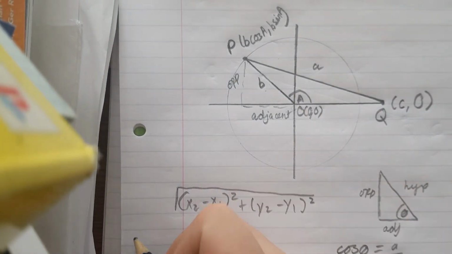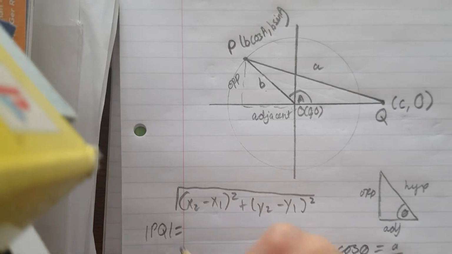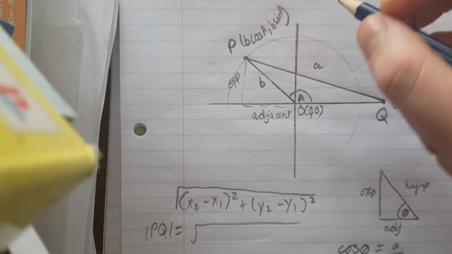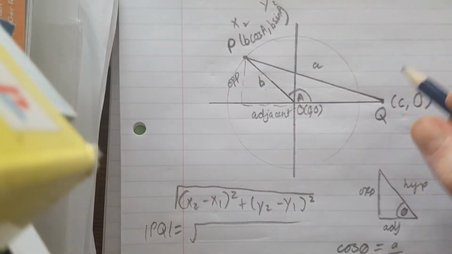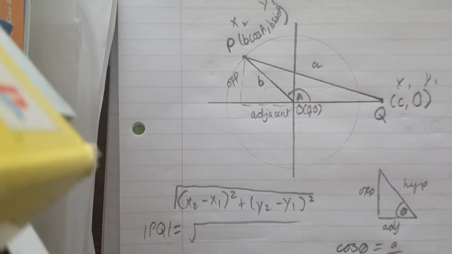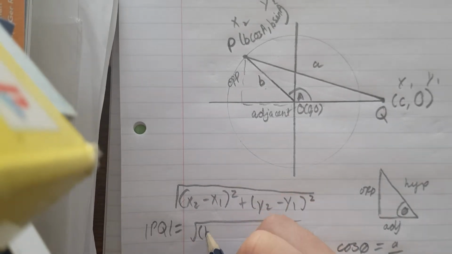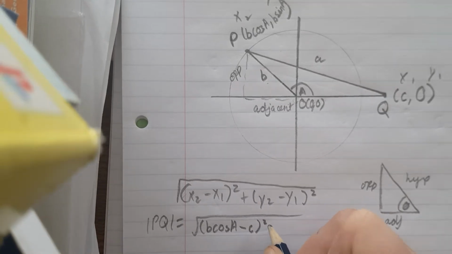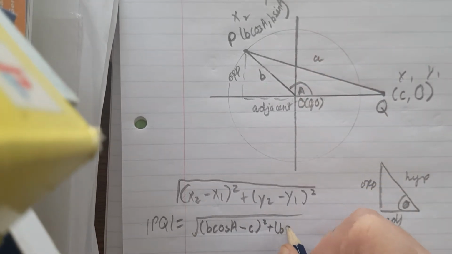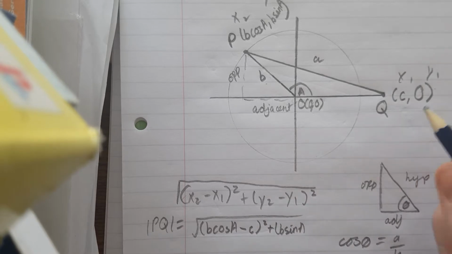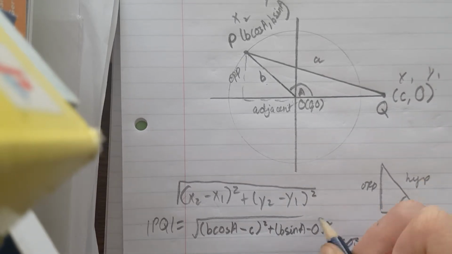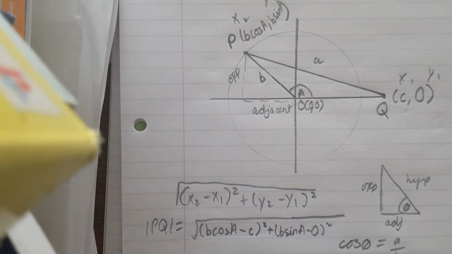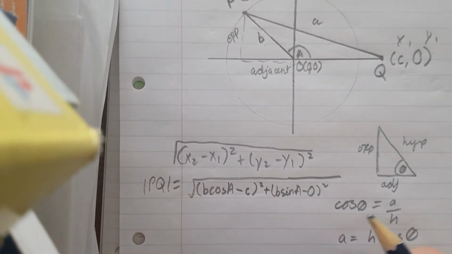So PQ is going to be x2 minus x1, so x2 y2 is Q and x1 y1 is P. So x2 is B cos A minus x1, so minus c, squared, plus y2, which is B sin A minus y1, so it's minus 0, squared. So that's going to be our PQ.